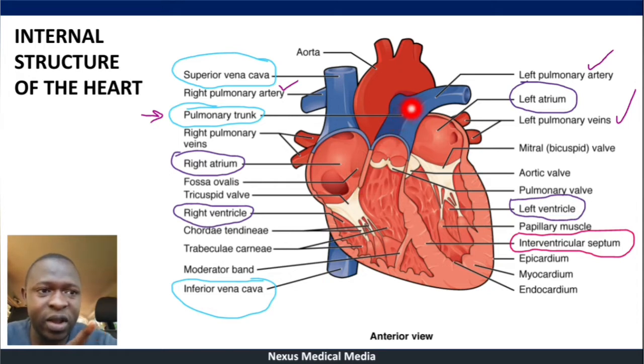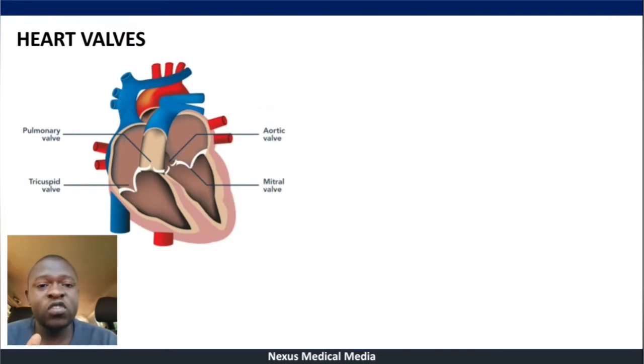The left and right pulmonary arteries carry deoxygenated blood to the lungs, and the 4 pulmonary veins carry oxygenated blood. So veins in general carry deoxygenated blood, but pulmonary veins carry oxygenated blood, right? Okay. Next we'll talk about heart valves.